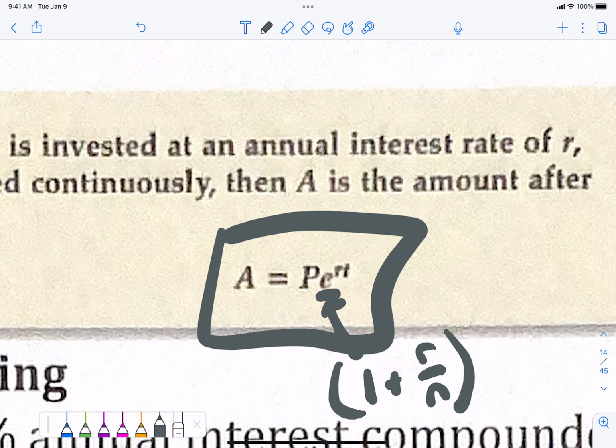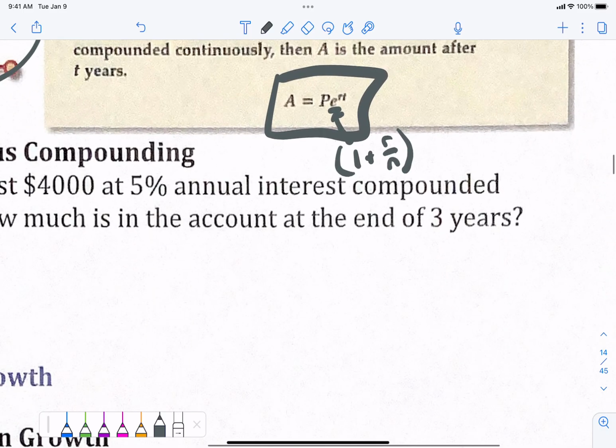So it's actually an easier calculation than regular compound interest, because we only have to type in E. But P stays the same, R is still the interest rate, and T is still the time in years. PERT takes the place of compounding as many times as possible, and they will say that you're continuous compounding.